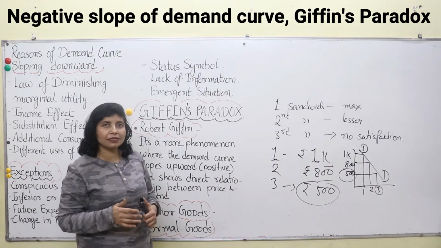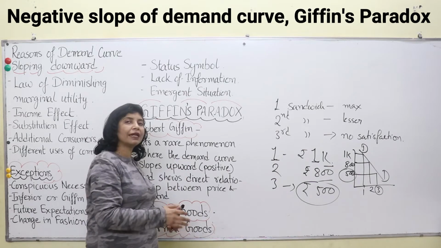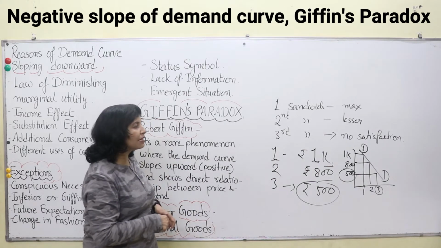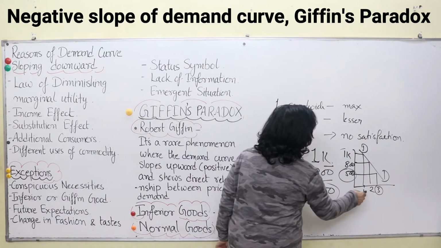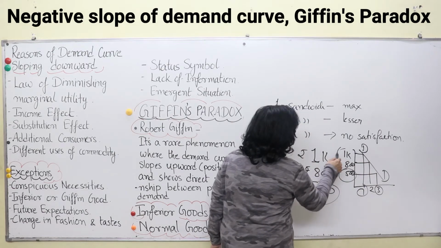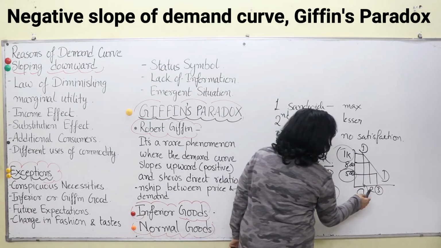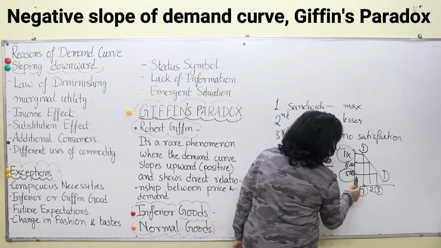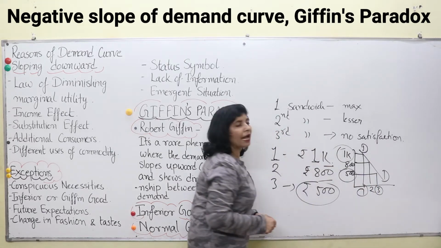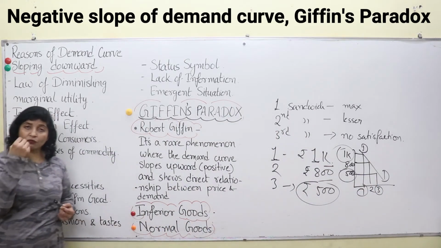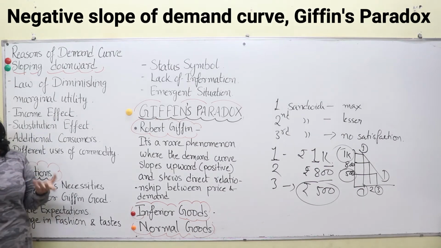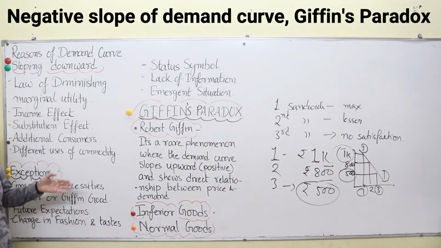My income is saved, and with the same amount of money I am able to purchase more. Previously for 1000 rupees there was only one bottle, but now for 1000 rupees I am getting 2 bottles, 3 bottles in fact. That means at higher prices demand is low.